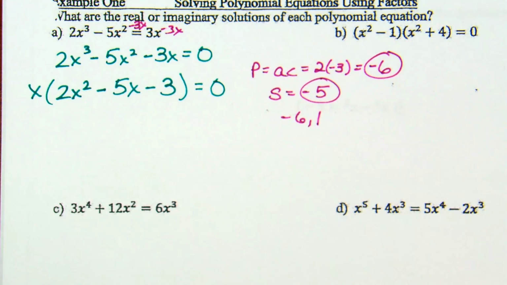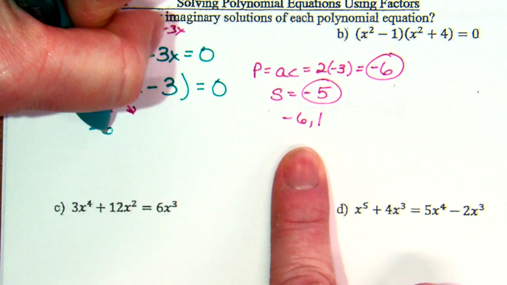Remember, do I just get to put these in parentheses and call it done? No, when we're doing product of AC, what do you do with those two numbers once you get them? Yeah, we split that middle term, don't we? So negative 5x is going to split into negative 6x plus 1x. So we're using the two numbers we just came up with.